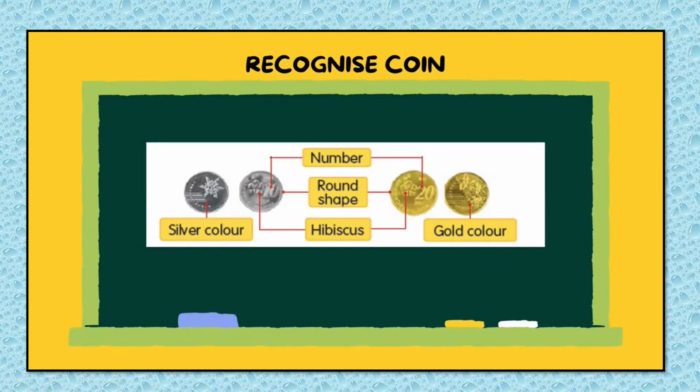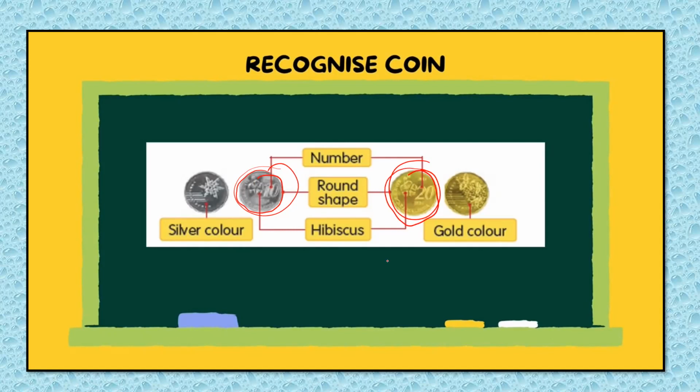For example, the first similarity is both have a number. This is 10 cent and this is 20 cent, right? The second similarity we can see is both have a round shape. Right or not, class? Yes, both have a round shape.